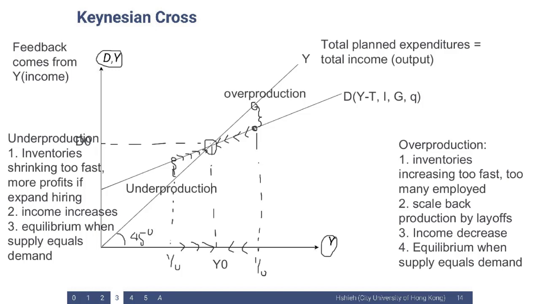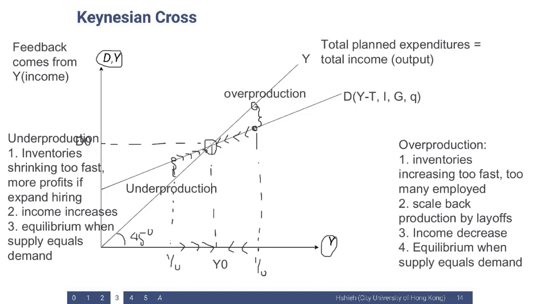But in reality, that's not the case, right? People will save. And what Keynes suggests is that an economy's aggregate demand curve is not as steep of a slope, right? It's not a one-for-one increase. If you increase real income, it's not going to translate to an equal increase in output. It's going to lead to something less than that.